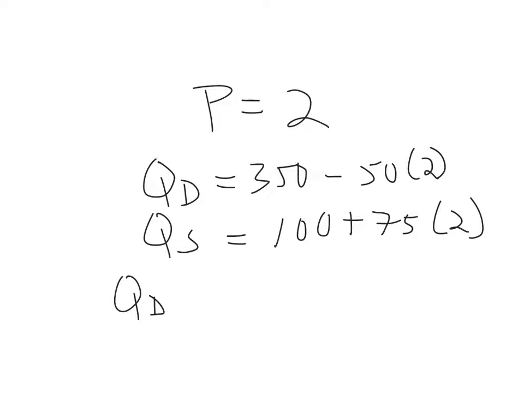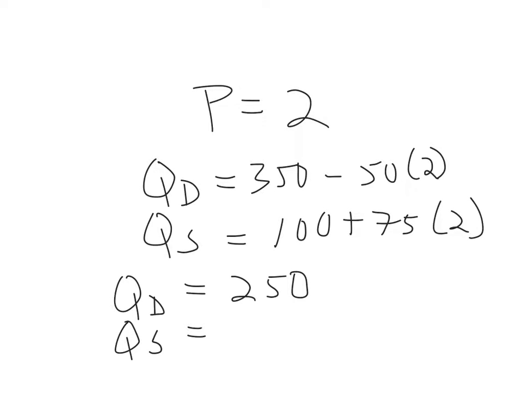For qd, or quantity demanded, this is just like solving in the xy plane. So quantity is equal to 350 minus 100 is equal to 250, or we can do it from the other q, and if you don't get the same answer for both, something has gone wrong.